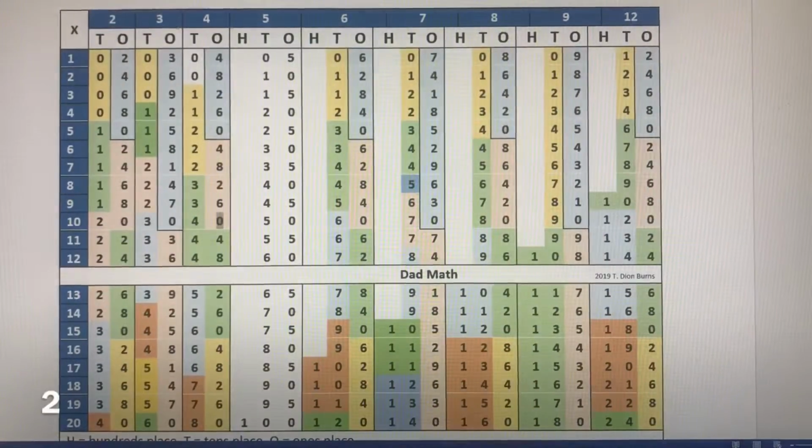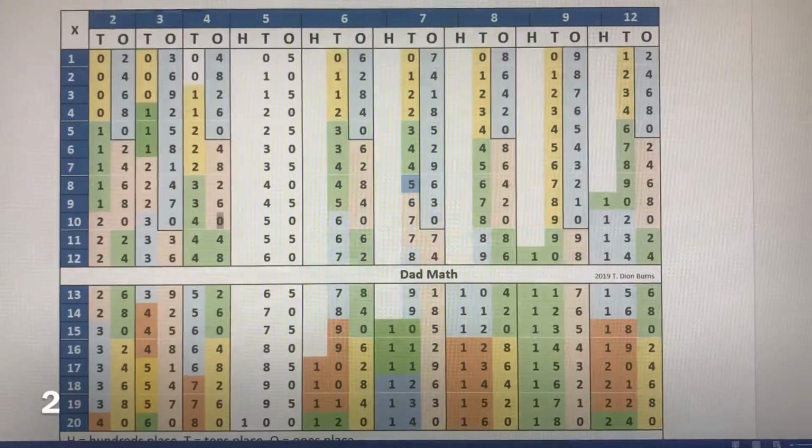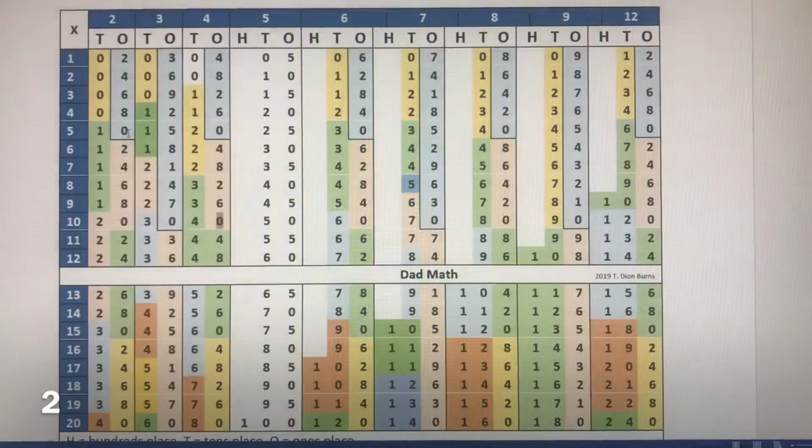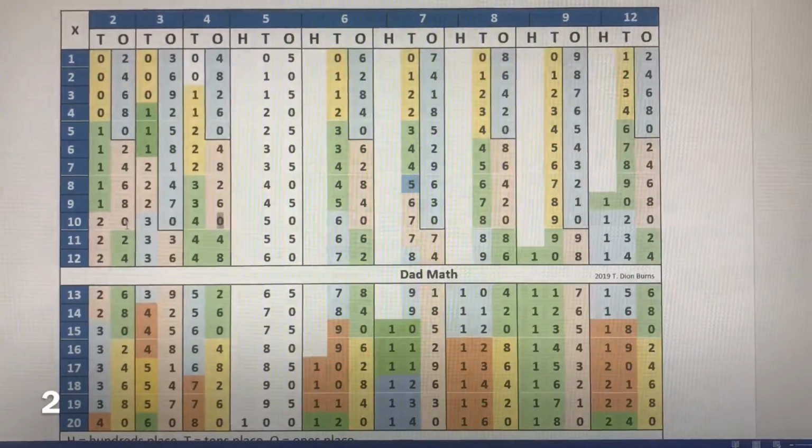Let's start with 2 and go all the way to 12. We'll make them very quick and very easy. So 2 is the number. The pattern for 2 in the ones place, the repeating pattern is 2, 4, 6, 8, 0. And it repeats 2, 4, 6, 8, 0. The next number is 2, 4, 6, 8, 0.